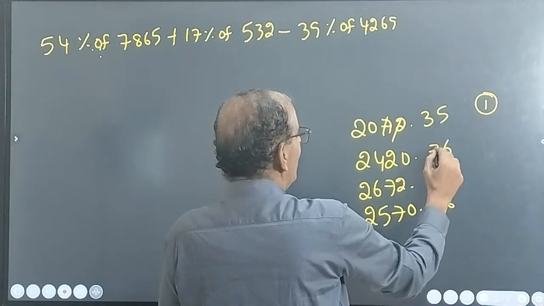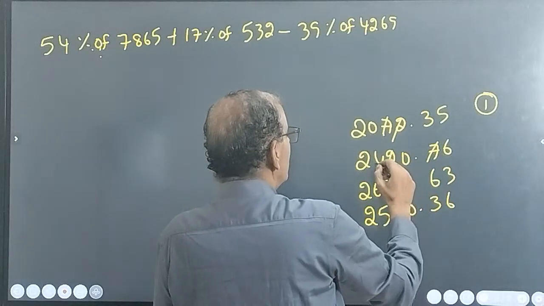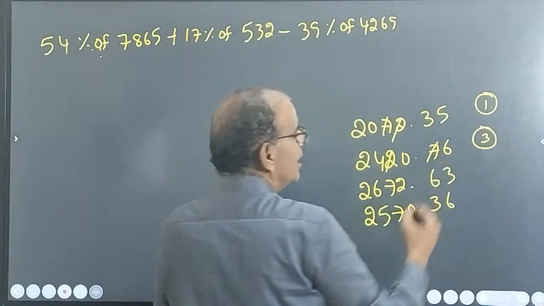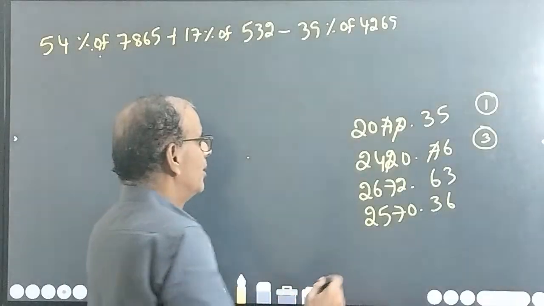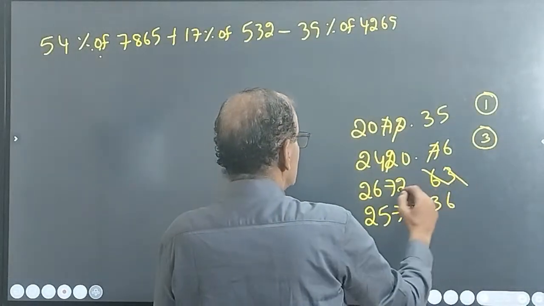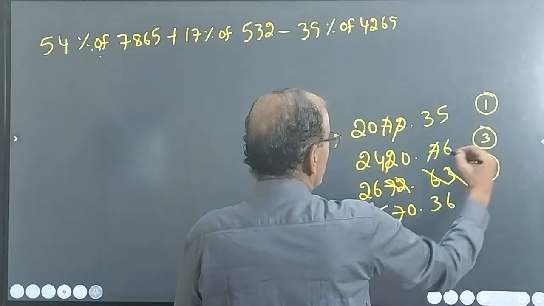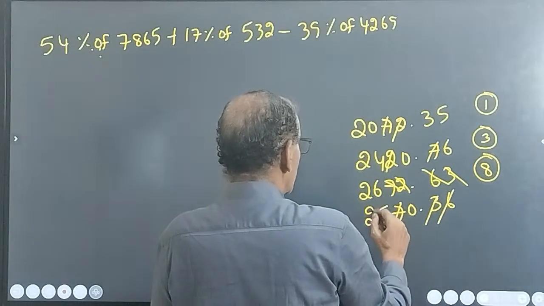Then 7 and 2 get cancelled, 6 plus 4, 10, 10 plus 2, 12, 12 means 1 plus 2, 3. 6 and 3 get cancelled, 7 and 2 get cancelled, 2 and 6 gives 8.